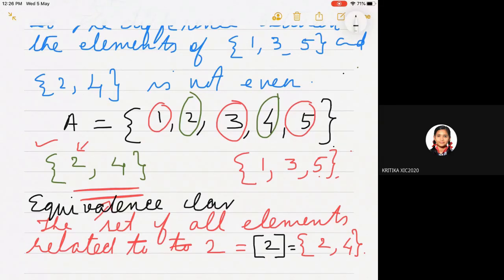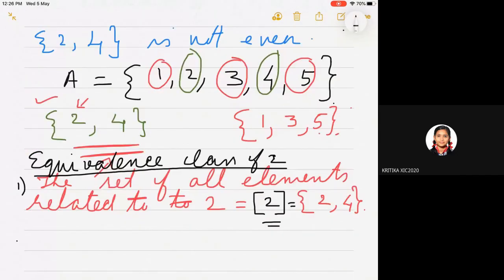Equivalence class of 2 means the set of all the elements of the mother set which is related to 2 and is denoted like this.